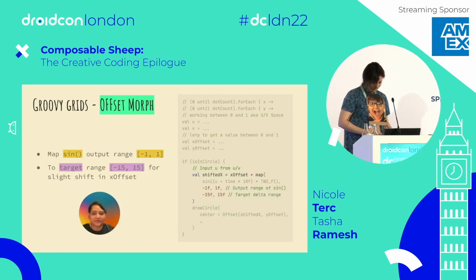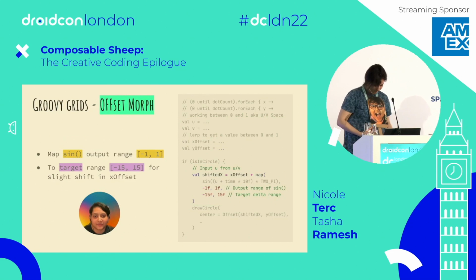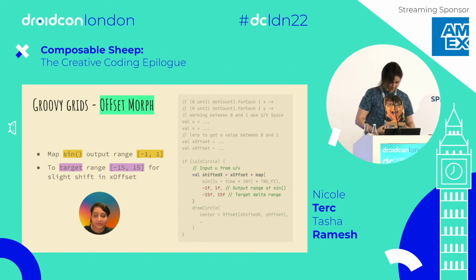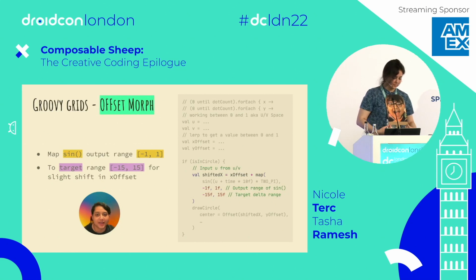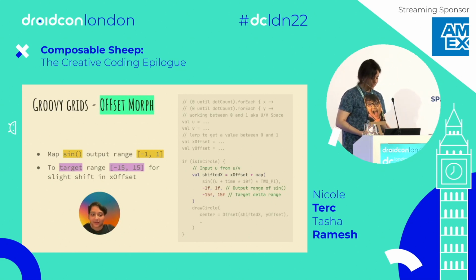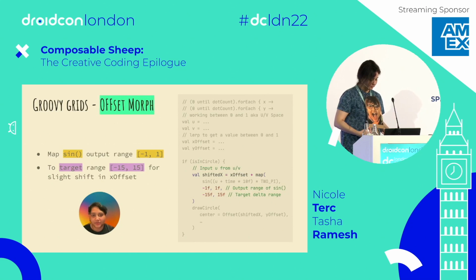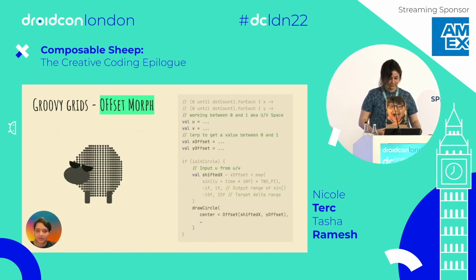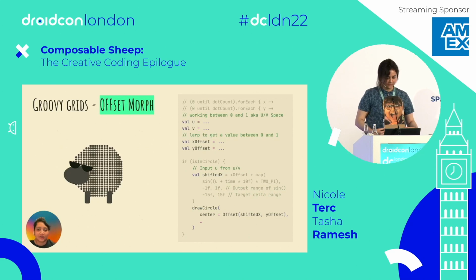Also note how we define the range conversion here. Note that the output of the sine function is going to be -1 to 1, so that's our from range, and our to range is going to be -15 to 15, and that's how much we're going to be influencing our x offset by.